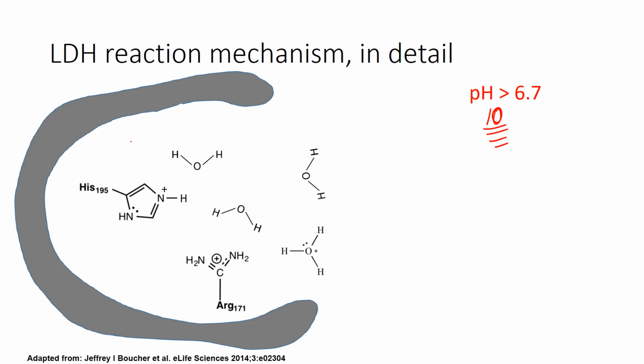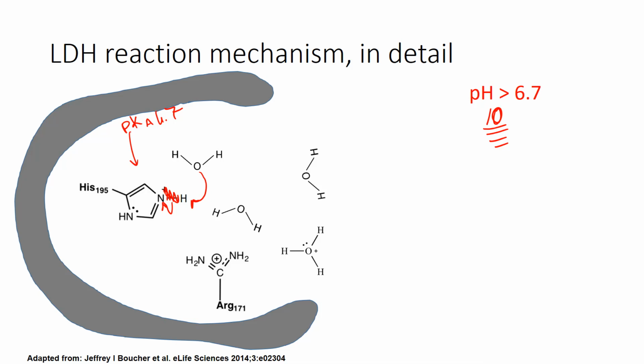This histidine has a pKa of 6.7. So what's going to happen is the water from the solvent is going to pluck the proton off of the histidine, and we're going to end up with an uncharged deprotonated form of histidine 195.